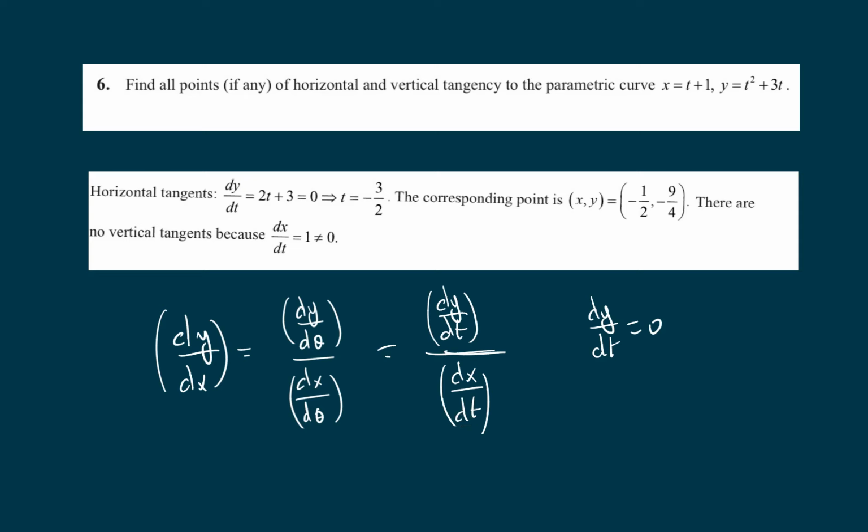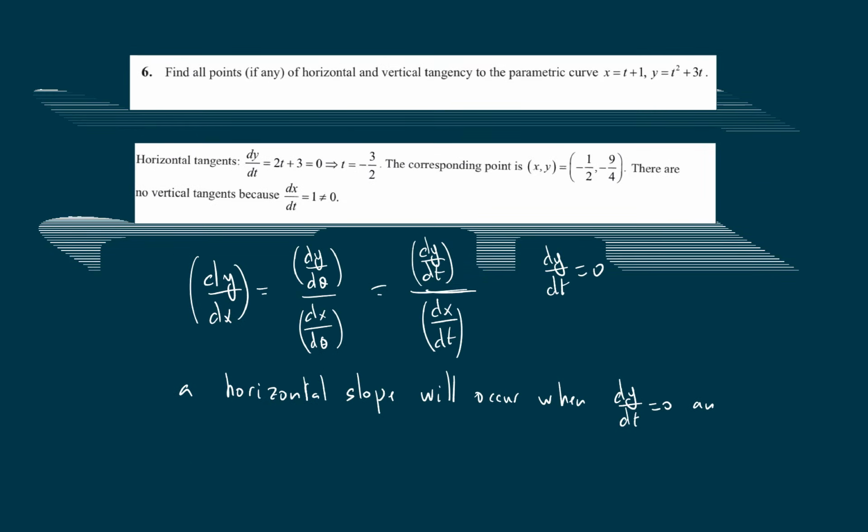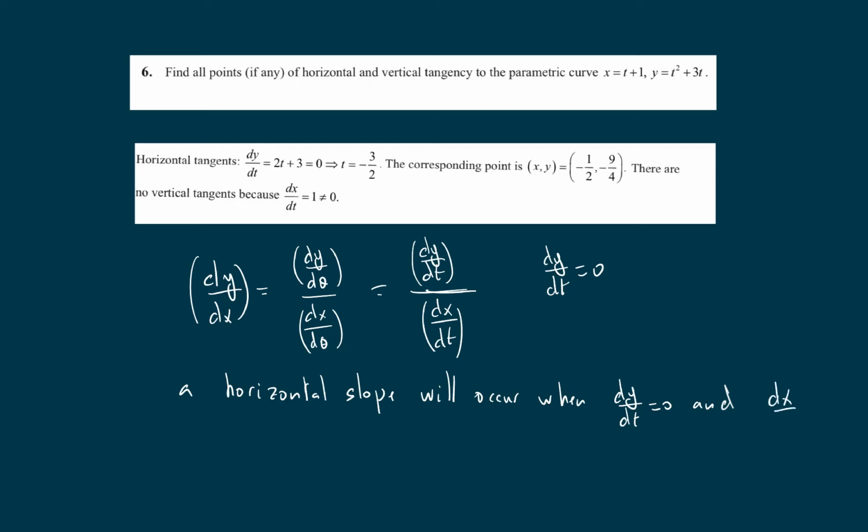So we can write like this. Horizontal slope will occur when the derivative of y with respect to t is 0 and the derivative of x with respect to t is different than 0.